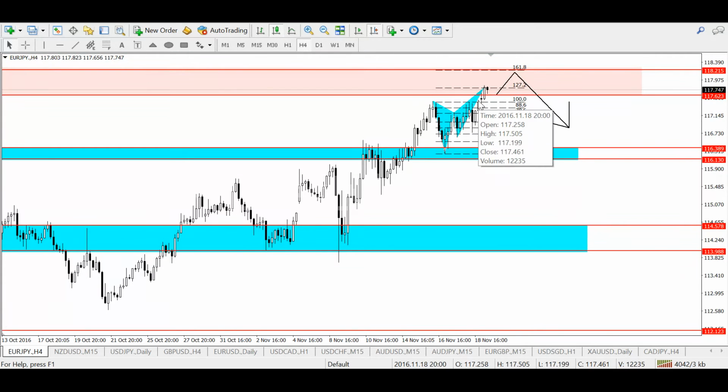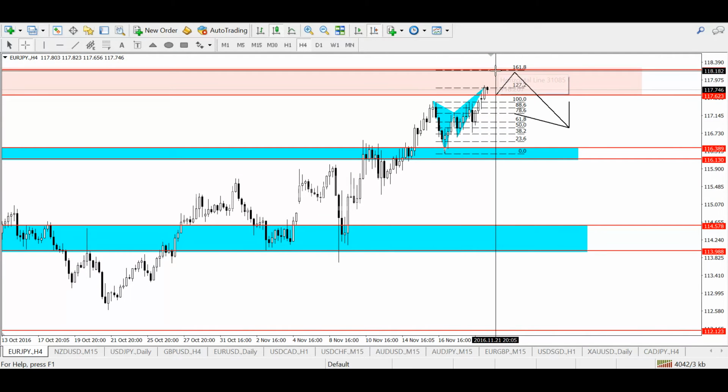Most likely I won't be entering a trade for this until it reaches this level, because the yen just seems to be weakening pretty much ever since the US election, and the dollar still seems to be strengthening. But of course, I do believe at some point there will be a major correction towards the rally.